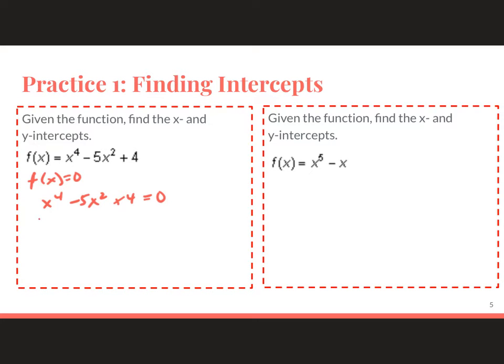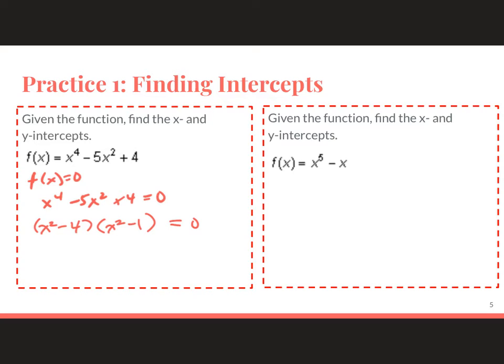Okay, so I'm going to set this equal to 0. I have x squared, because I know x squared times x squared equals x to the 4th. And then I know that my constant terms have to multiply to positive 4, but they should add up to negative 5. So I'm going to choose negative 4 and negative 1.